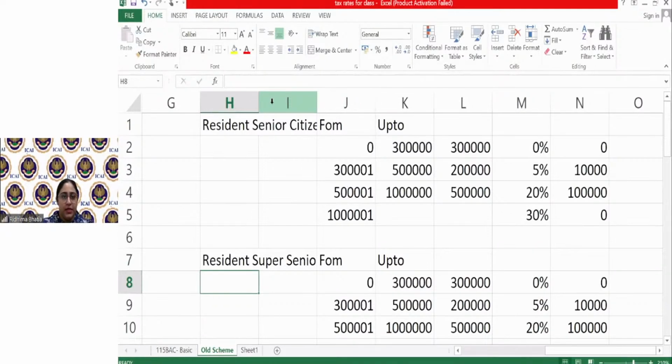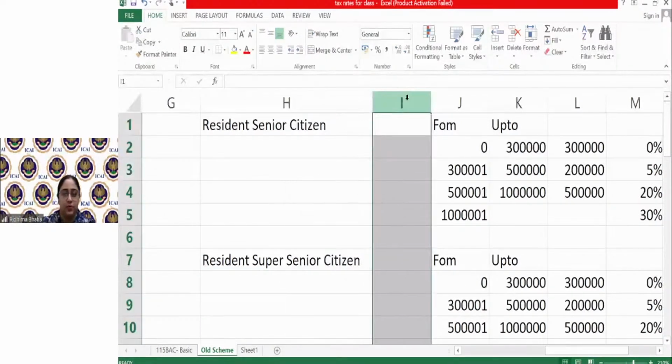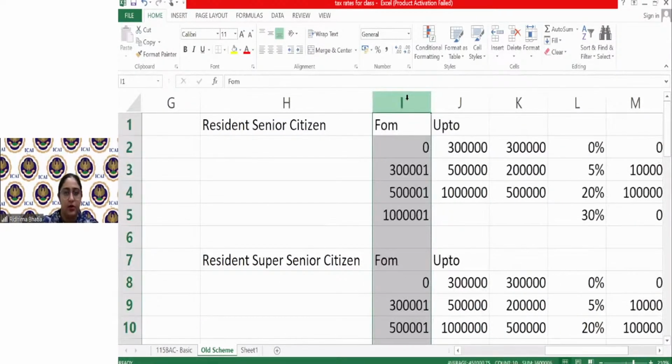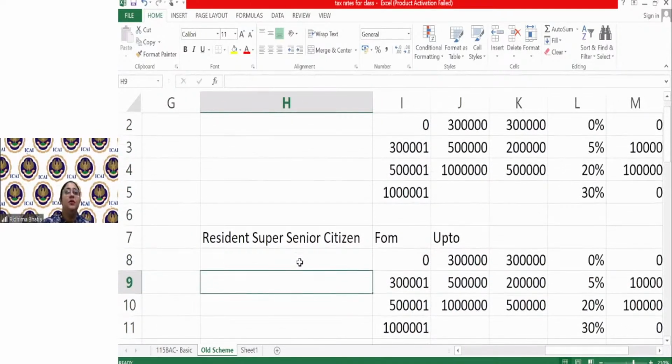A super senior citizen is a person who has turned 80 or more in the previous year. He would be considered to be a super senior citizen for the entire previous year. The date in the assessment year when he turns 80 does not matter. When he turns 80 in the previous year, that matters.